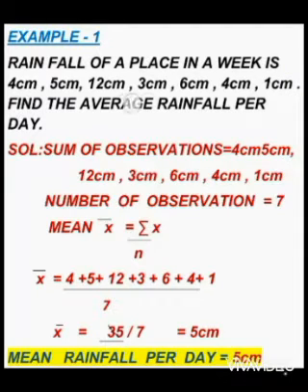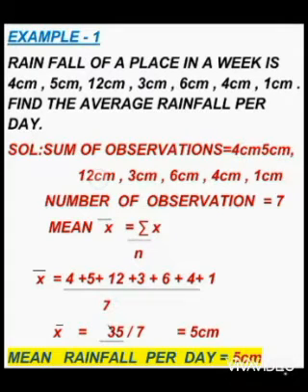Find the average rainfall per day. Here the observations are 4, 5, 12, 3, 6, 4 and 1 centimeters. How many observations are there here, children?